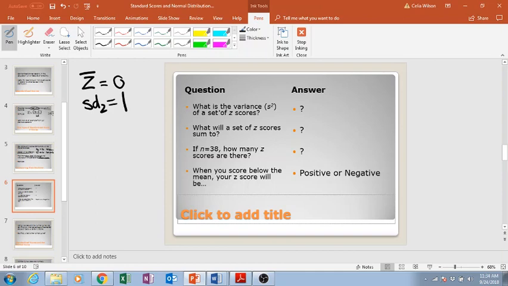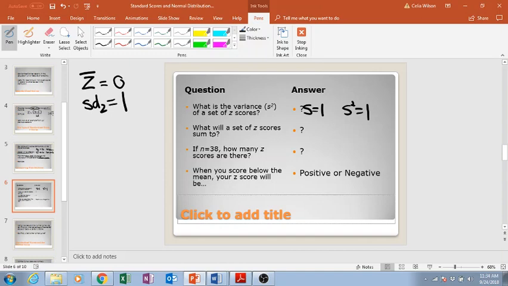So what is the variance of a set of Z-scores? Well, if I know the standard deviation is 1, how do I get the variance? I just square it, right? Standard deviation and variance, the only difference is the variance is squared. 1 times 1 is 1. So the variance will also be equal to 1.